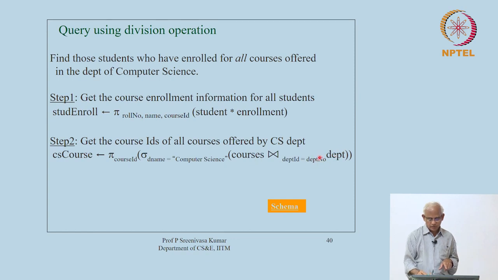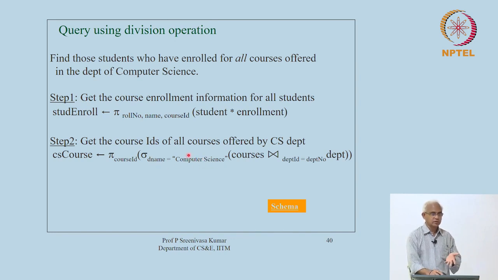So we take the appropriate combinations. This will produce information about courses along with the details about the department that is offering, and then we do a selection based on computer science. The name of the department should be computer science. We are assuming that we do not know the ID of the computer science department, and so we have to do a selection here.